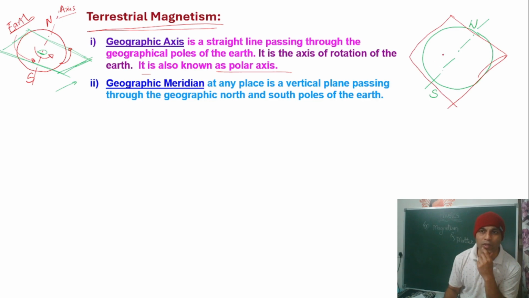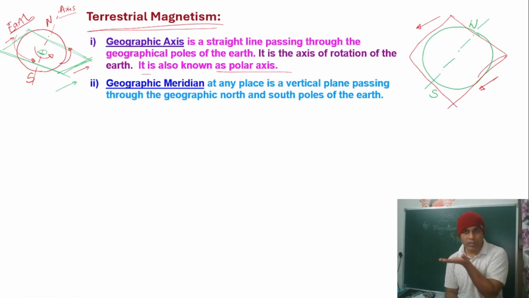It is going through the middle of the Earth. Up means the north pole, it is going inside and passing through to the south side, that we are going to see.